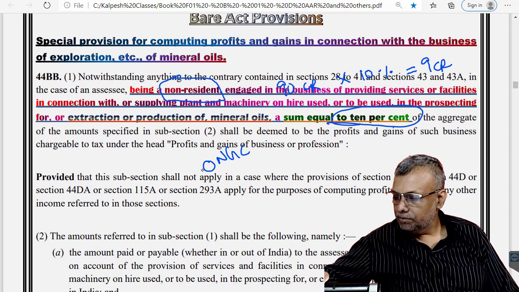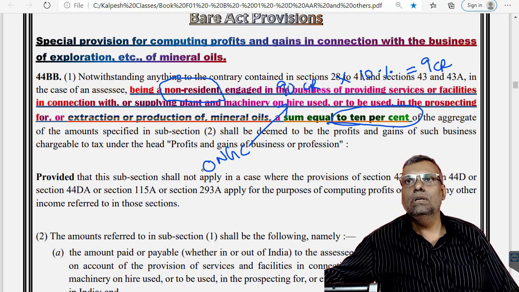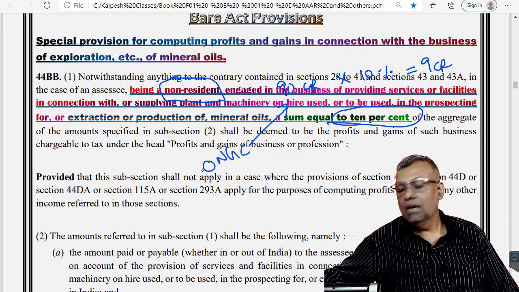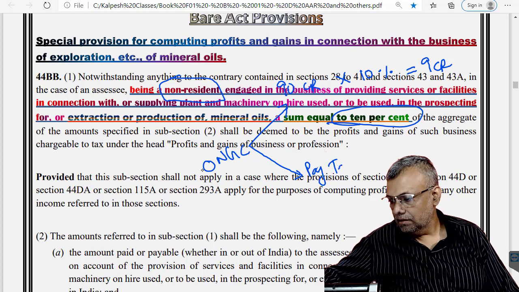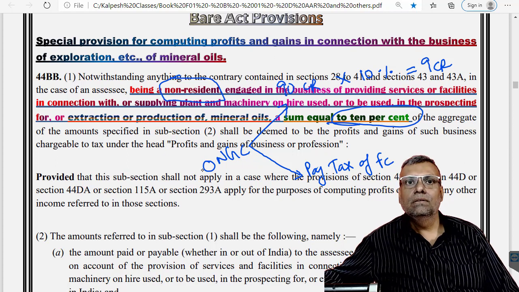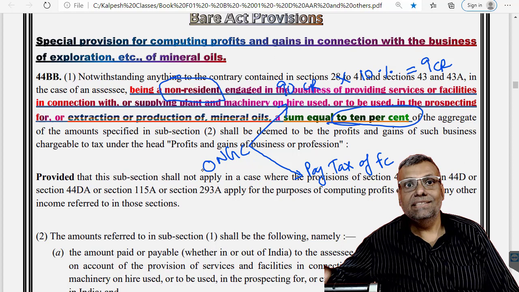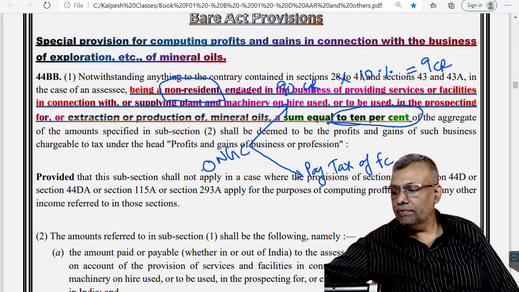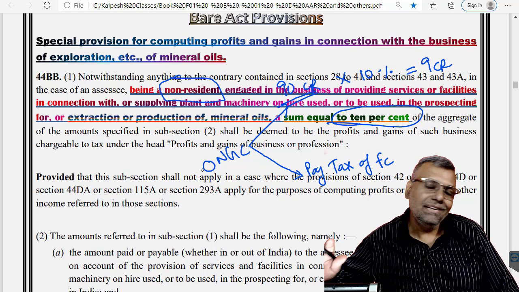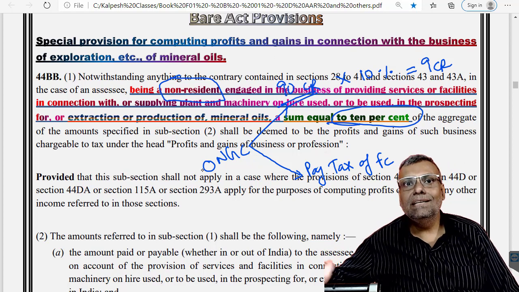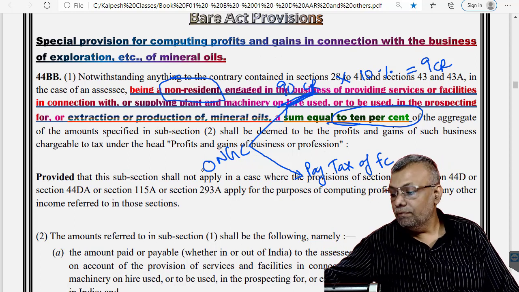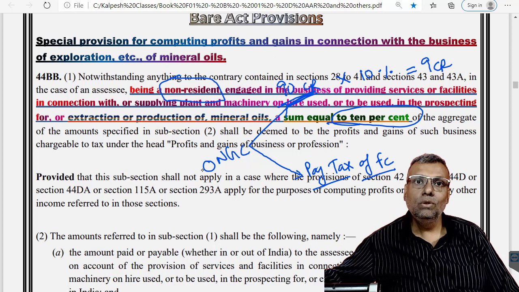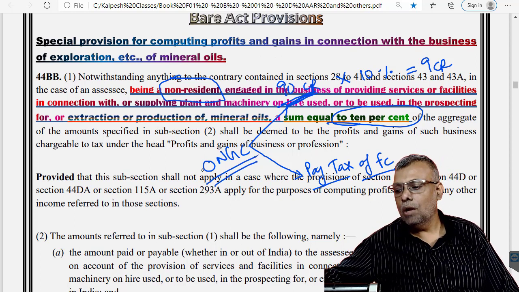However, ONGC is paying 90 crores to the foreign company in our example. If ONGC also pays the tax of the foreign company, so basically ONGC pays a tax-free income of 90 crores, technically there is nothing like tax-free income here, but the parties understand that this is tax-free income. So 90 crores is the net payment to that foreign company, and if ONGC pays the tax of the foreign company to the Indian government, how much is ONGC paying?